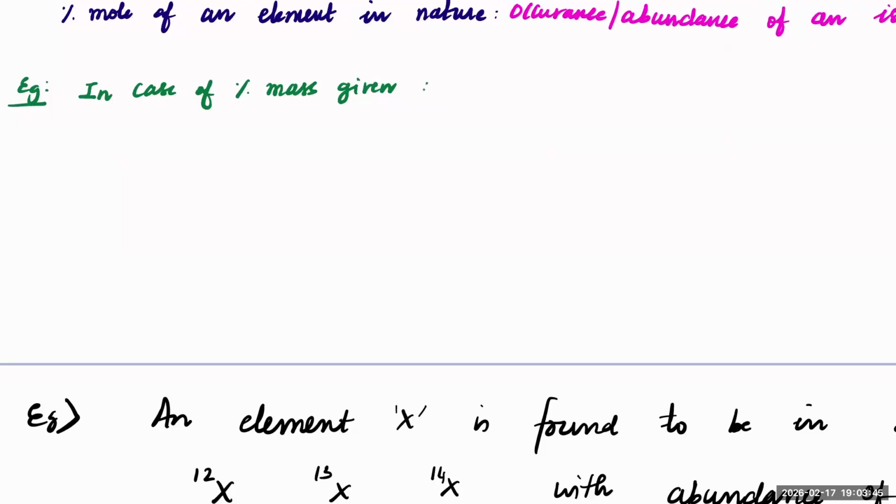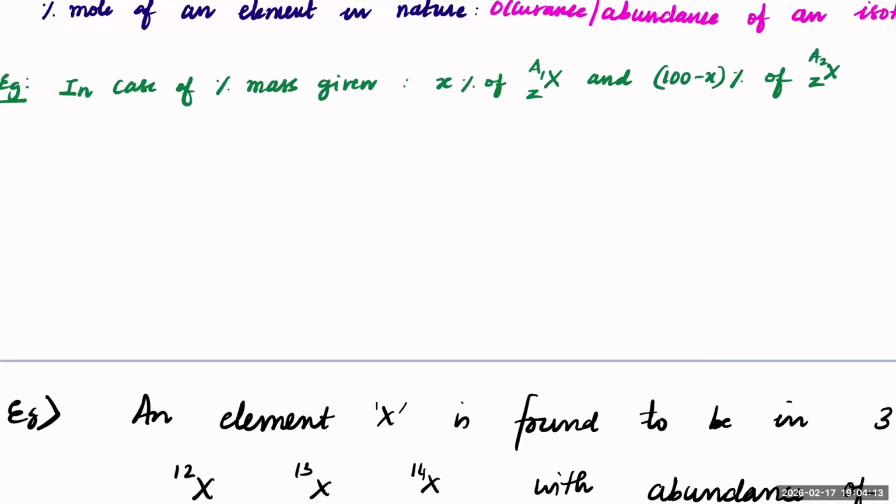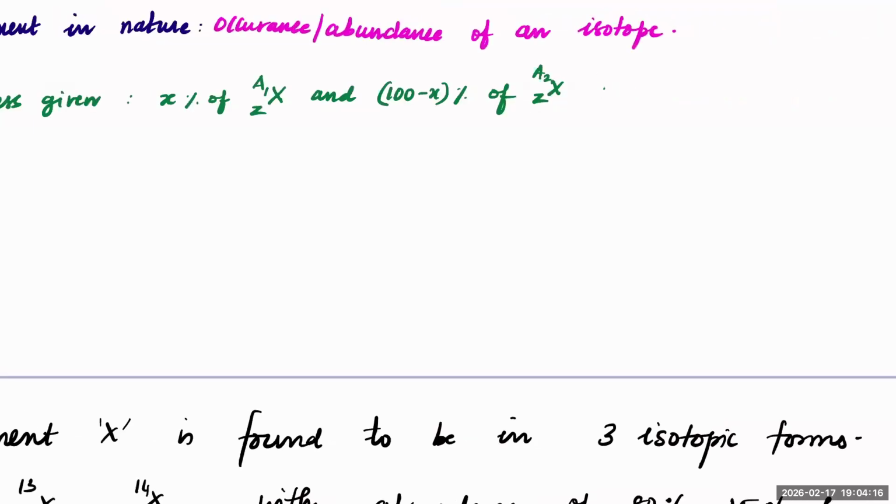Suppose I give you x percentage of element X with mass number A1 and Z, and 100 minus x percentage of mass number A2 and Z. These are present, but x is the percentage mass now, where x is the percentage mass of the elements.